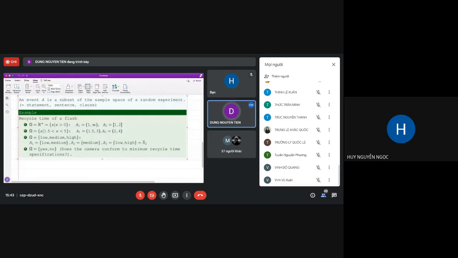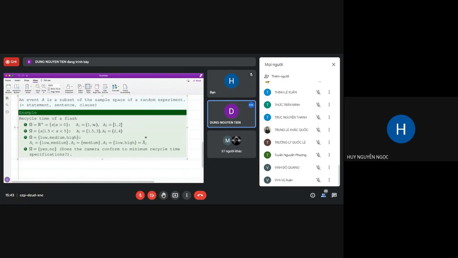For example, regarding the first event A1, you can say that it is the event that the recycle time of a flash is greater than 1 second. Okay, suppose that the unit here is second. And A2 is the event that the recycle time of a flash is between 1 and 2 seconds. That makes sense to you? Is that clear? So in reality, you can think of a clause or a statement or sentence for an event.